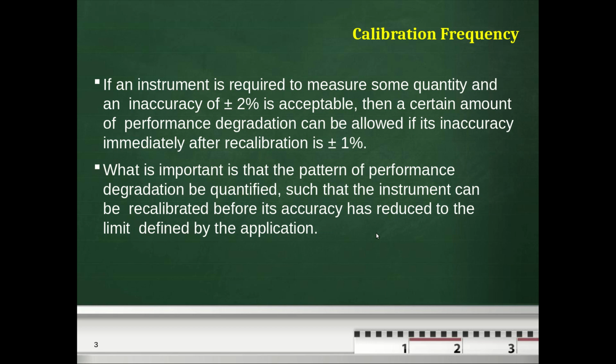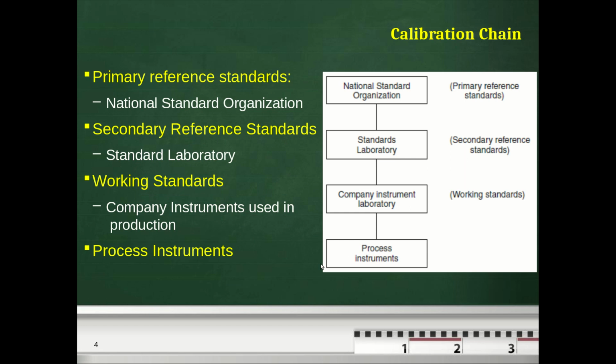So this is allowed, for example. The important point here is that the pattern of performance degradation is to be quantified. So you reduce the performance degradation from plus or minus 2% to plus or minus 1%, from before the calibration to after the calibration.